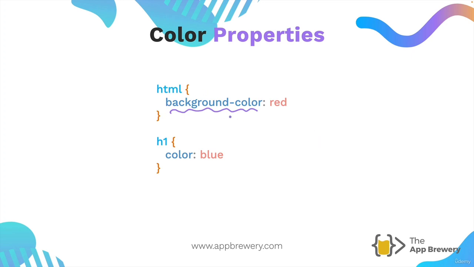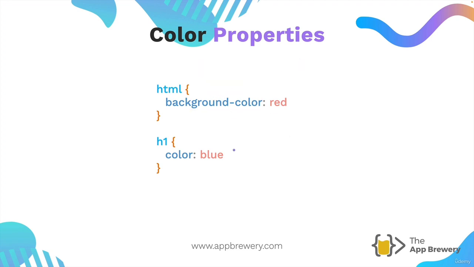And remember that the way these CSS rules work is the first part is the property, and the part that comes after the colon is the value that you want to set that property to. So in this case, we're setting the background color of the HTML element, which remember contains everything on our website, so the entire web page, to a color of red. That's what that rule does.